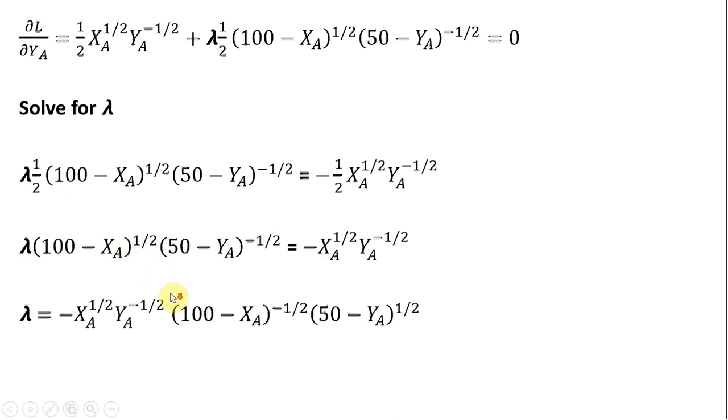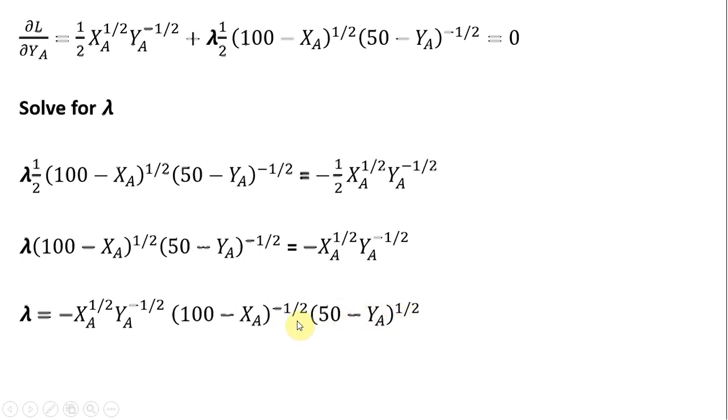Doing that, it brings it over to the right-hand side. And then finally, on the left-hand side, I have this 50 minus Y subscript A to the minus 1/2 power.